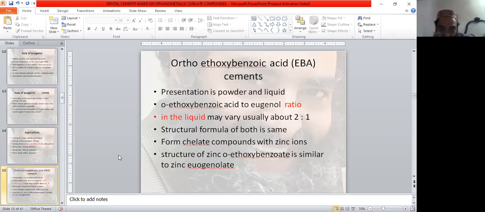Orthoethoxybenzoic acid cements. Presentation is powder and liquid. Orthoethoxybenzoic acid to eugenol ratio in the liquid may vary, usually about 2:1.